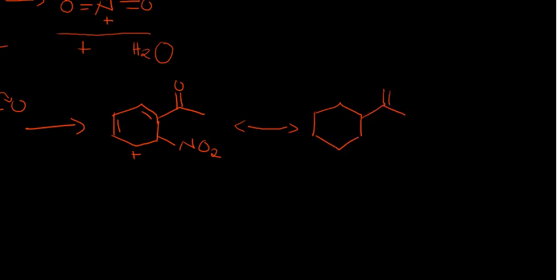So we can either have it here and here, having the nitrogen here, or another resonance structure where we have the double bond here and here. These are just resonance structures.